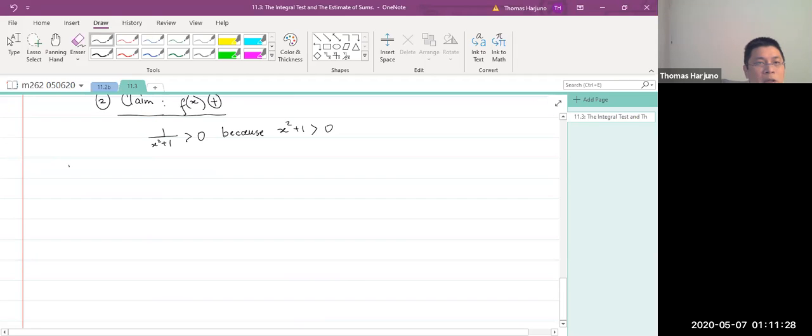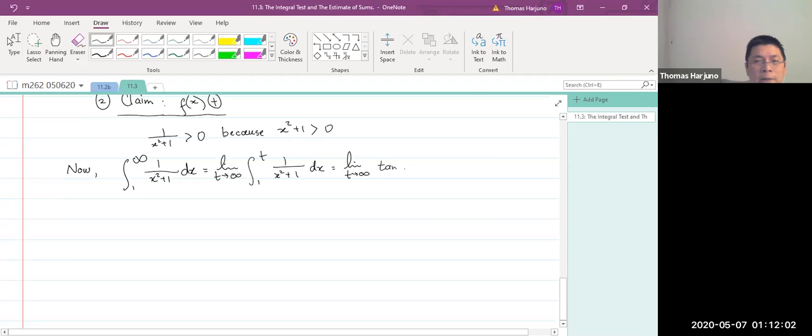I will show the integral. Now, the integral from 1 to infinity of 1 over x squared plus 1 dx equals the limit as t goes to infinity of the integral from 1 to t of 1 over x squared plus 1 dx. This is the limit as t goes to infinity of tangent inverse x from 1 to t.